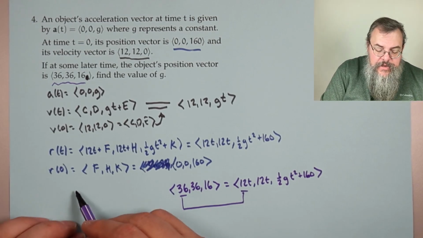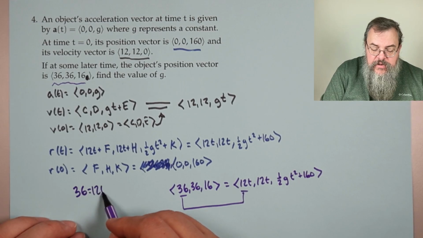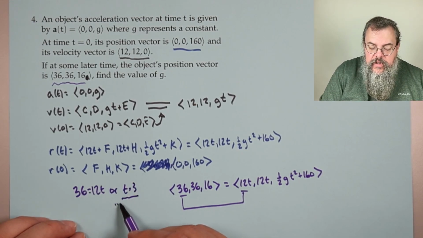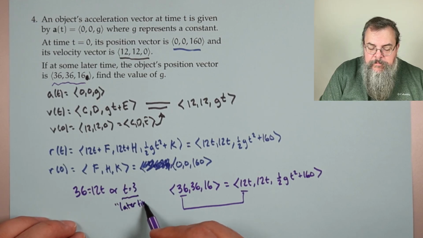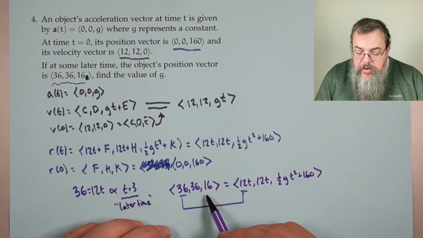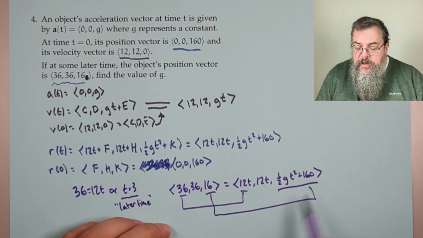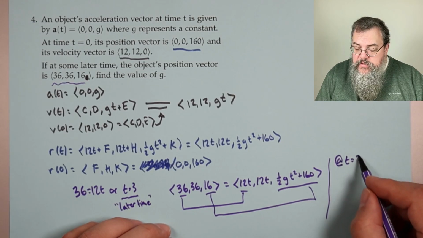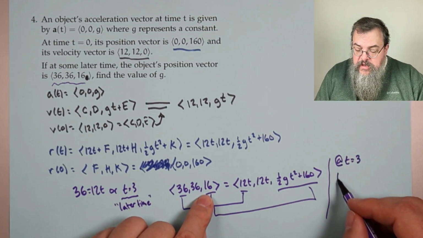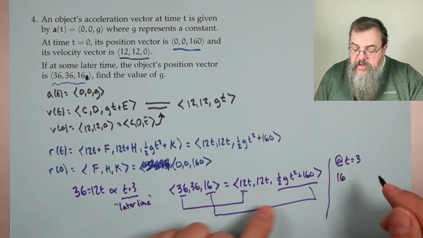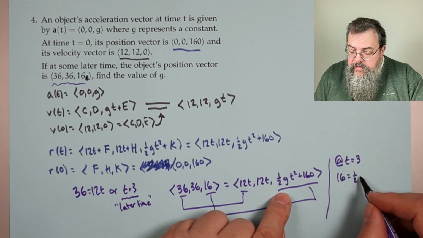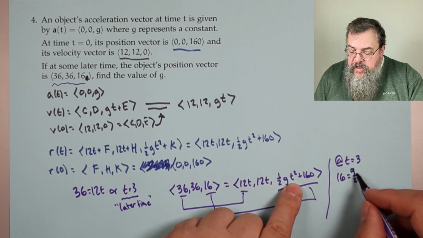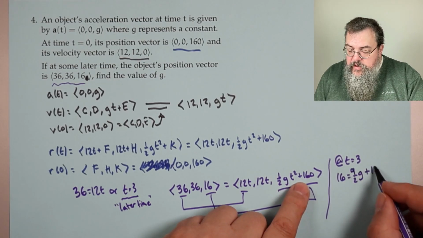This 36 has to match with the 12t. That says the later time was 3. So this is our later time. In a similar way, this has to match with that. So at time t equals 3, 16 is equal to 1/2 times g times 3 squared plus 160. So that's 9/2 g plus 160.